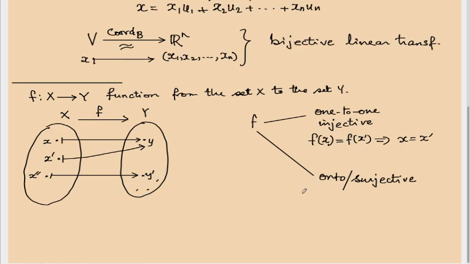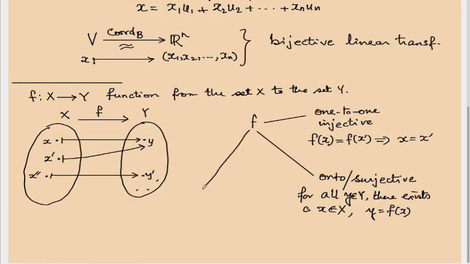That means for all y in Y, there exists x in X such that y is equal to f(x). Or it could be both, which is usually called bijective.